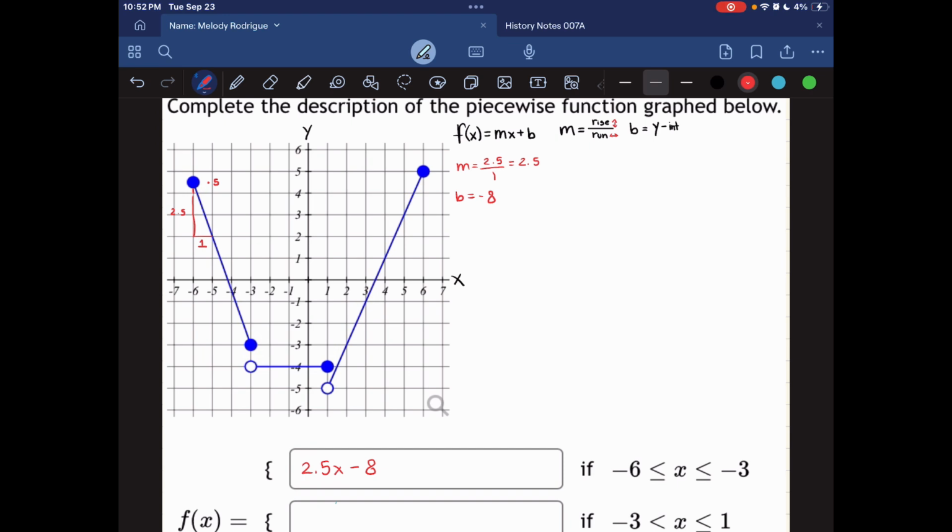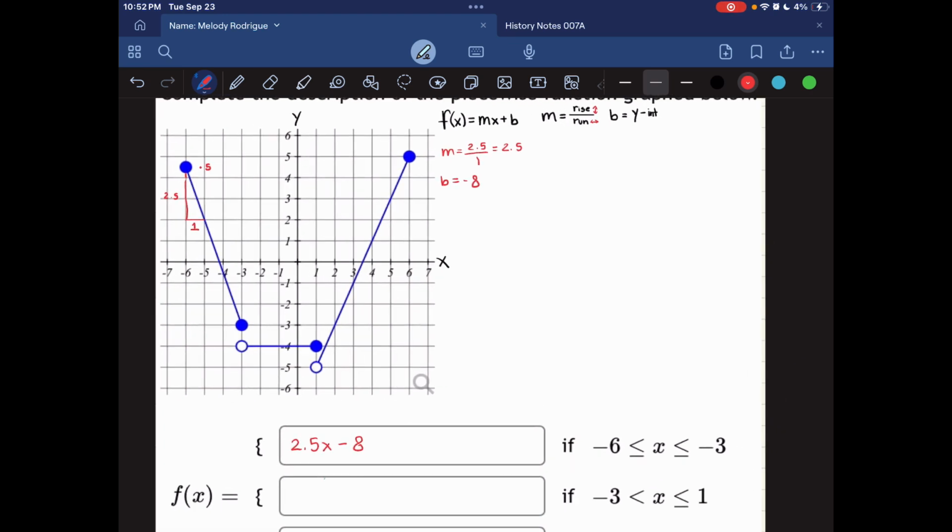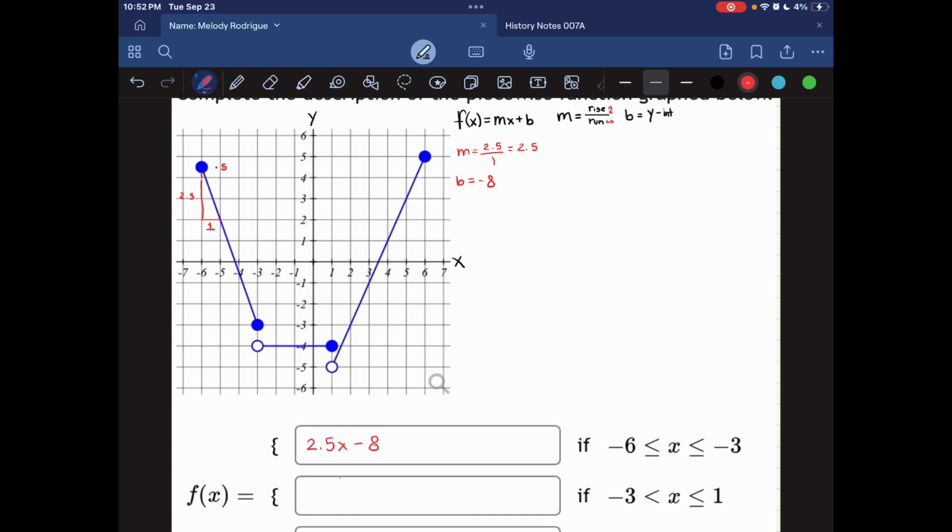Now, when progressing to the second, it's going to be this one. As you can see, it's a horizontal line. There isn't a rise, but there is a run, and we can conclude this run is +4.